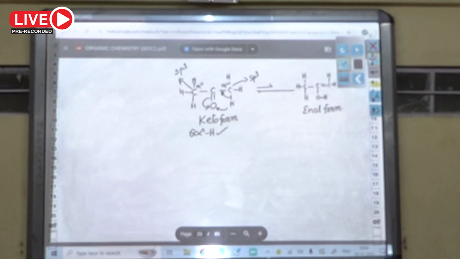This note is required in one competitive exam. They ask the number of sigma and pi bonds in the enolic form of acetone.